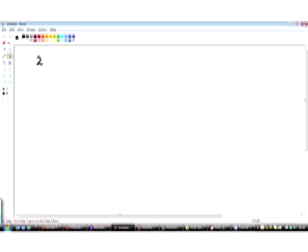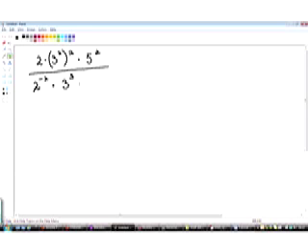So let's look at 2 multiplied by 3 to the power 2, squared, multiplied by 5 to the power 2 over 2 to the power minus 2 in the denominator multiplied by 3 to the power 3 in the denominator and 5 to the power 2.